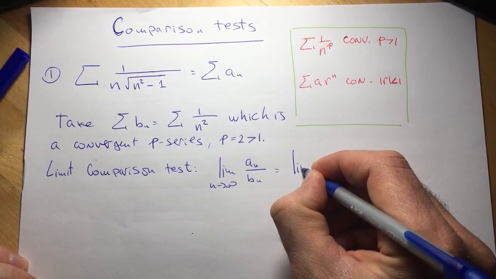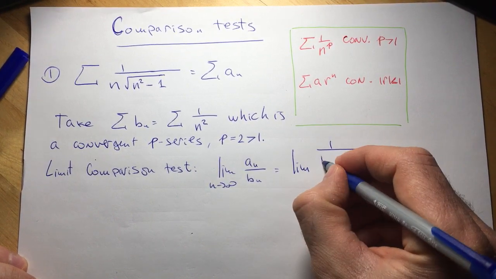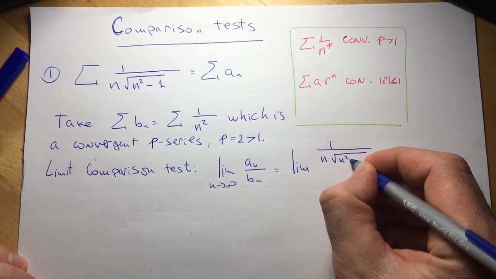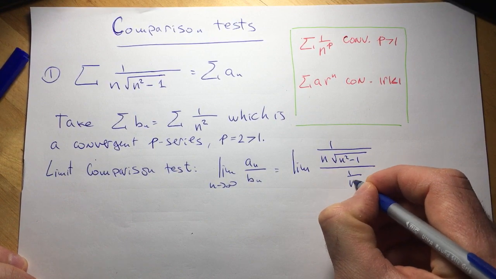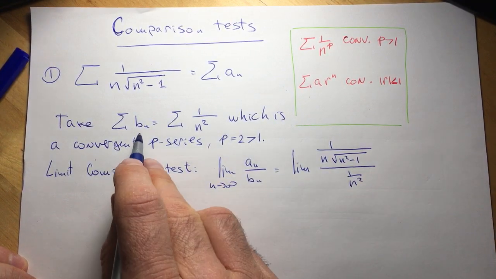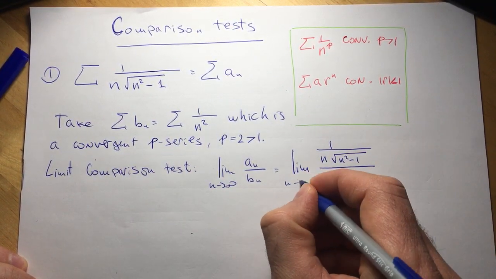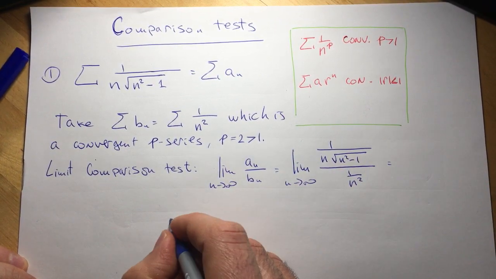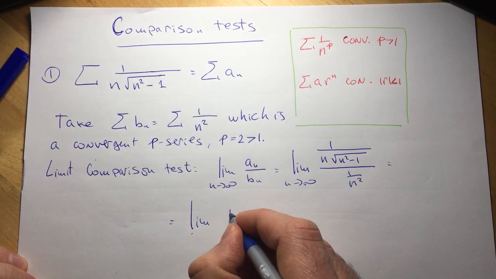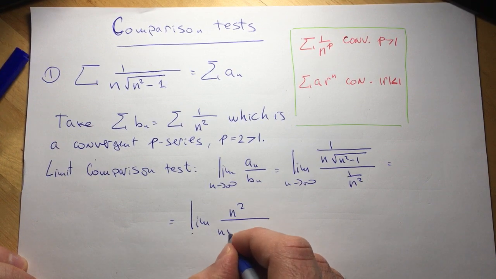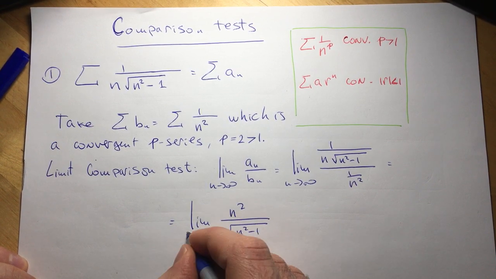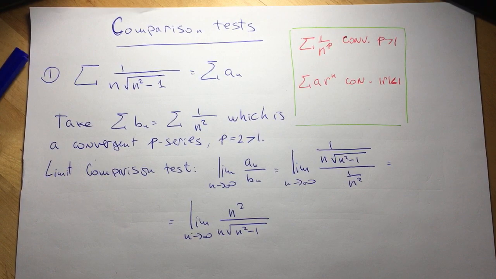So the question is, what is the limit of 1 over n square root of n squared minus 1, over 1 over n squared, that's your b_n, as n goes to infinity. This is equal to the limit of n squared over n square root of n squared minus 1 as n goes to infinity.